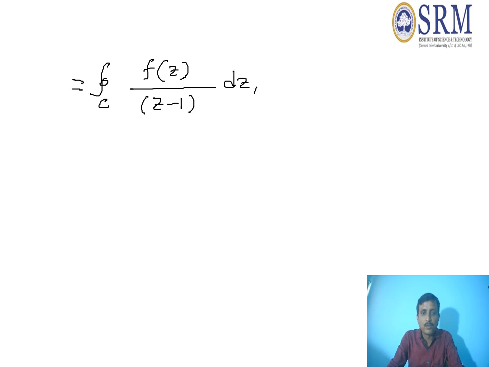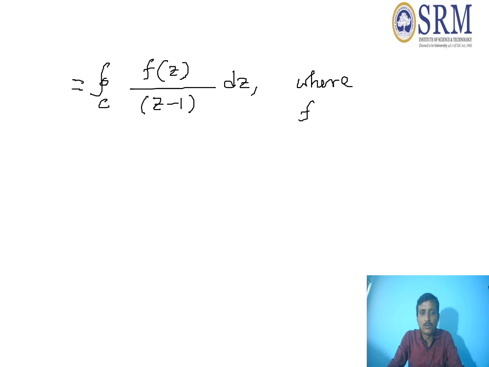How? It is in this form. You see what I am doing. So it is the integration over C of f of z written like this, and in the denominator it is z minus 1, dz. Then what is f(z) here?